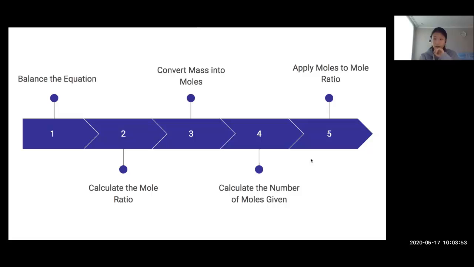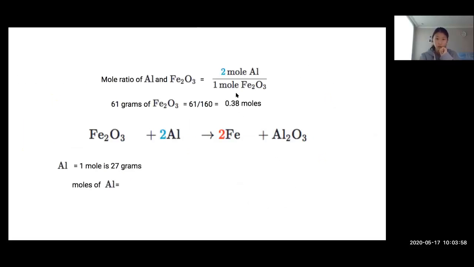Step 5 is to apply the moles to the mole ratio. Recall that the mole ratio for aluminum to Fe2O3 was 2, and 61 grams of Fe2O3 was 0.38 moles. We multiply 0.38 by 2 because of the mole ratio of 2, and that gives us 0.76 moles.